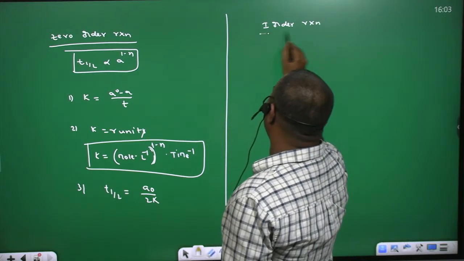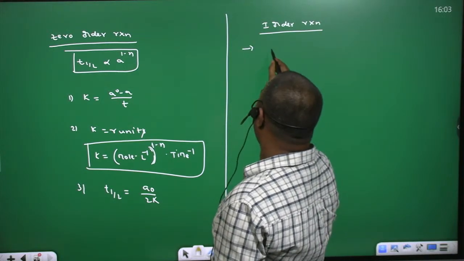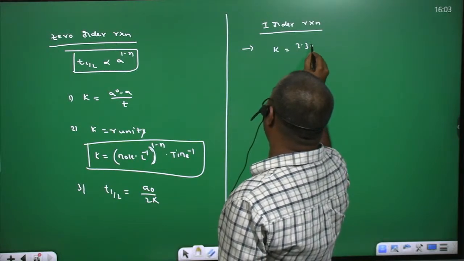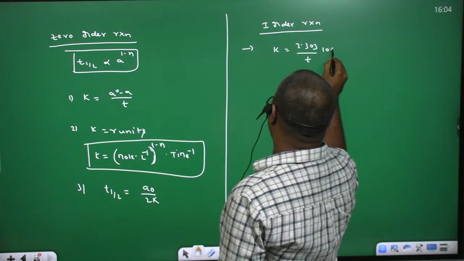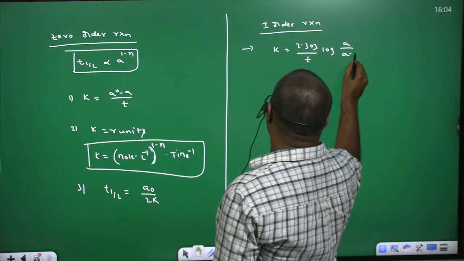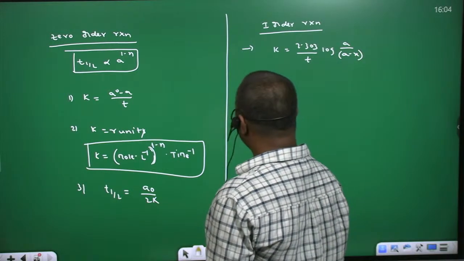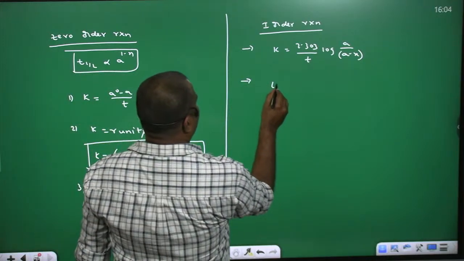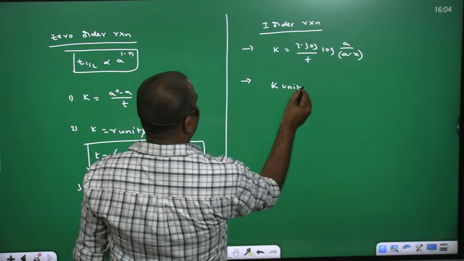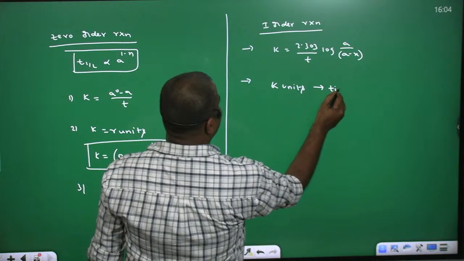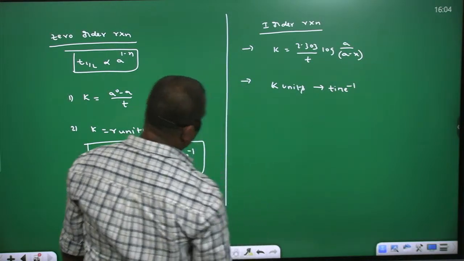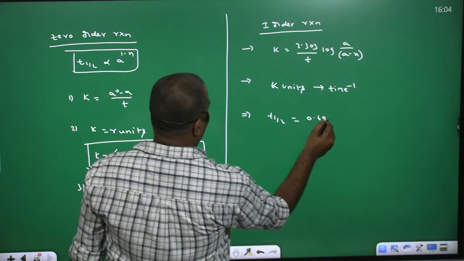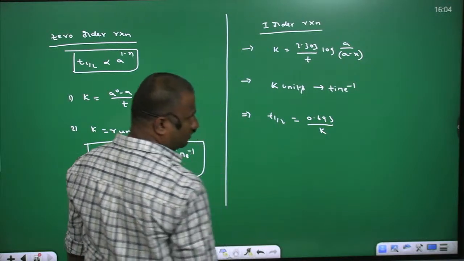Same formula: K equal to 2.303 by T into log A by A minus X. Coming to the K units, just time inverse. Whereas if you need to find T half, you can write 0.693 by K.